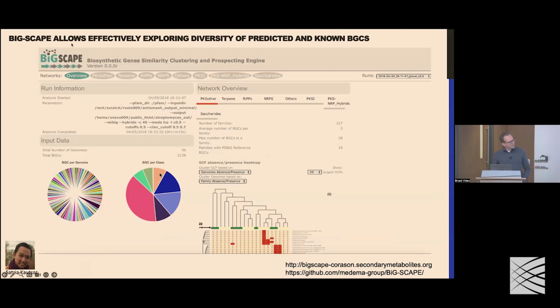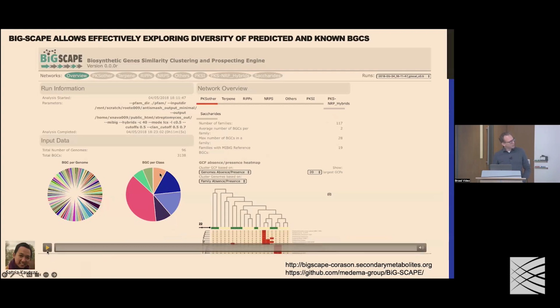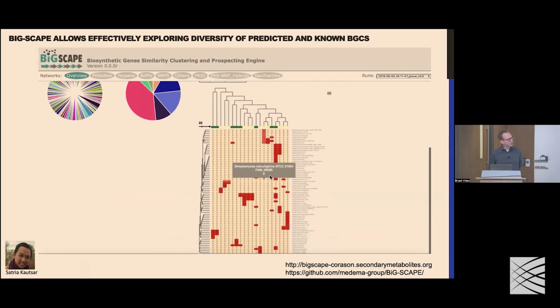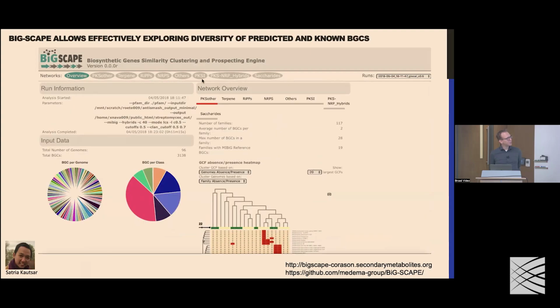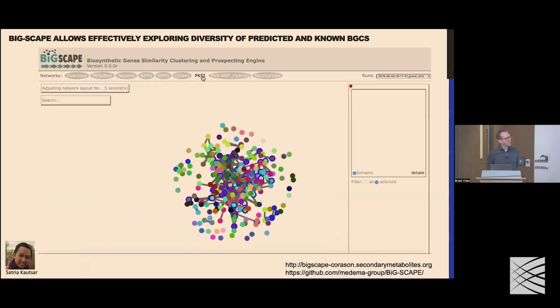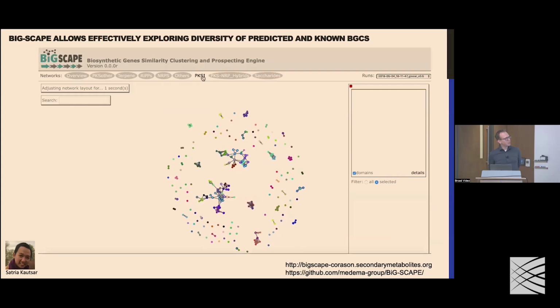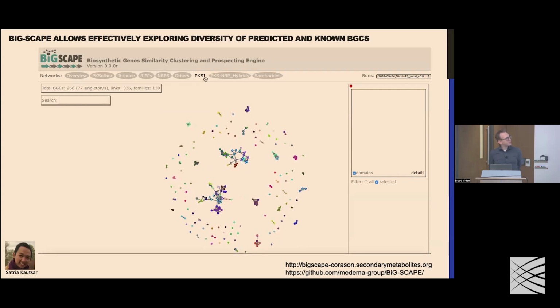And then we can visualize this, of course. So here's an output of the first version of BiG-SCAPE, where you get this kind of output for, in this case, 120 genomes. You see an absence-presence matrix of families of gene clusters across different genomes. And then you can also go to a specific type of gene cluster, like in this case, a type of pathway related to PKS, polyketide synthases.